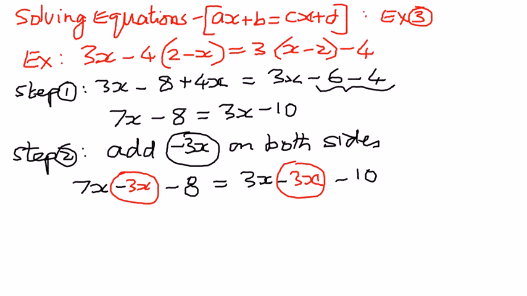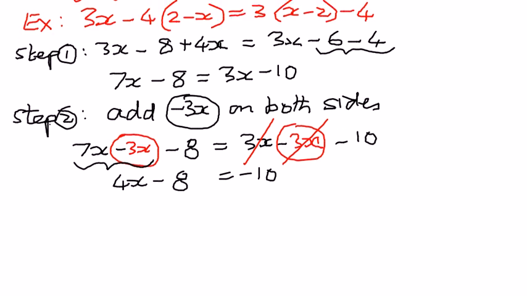So the right hand side simplifies: the positive 3x and negative 3x cancel out, leaving us with negative 10. And on the left hand side, these are similar terms. 7x minus 3x will be 4x minus 8.